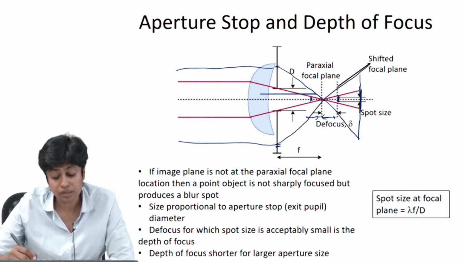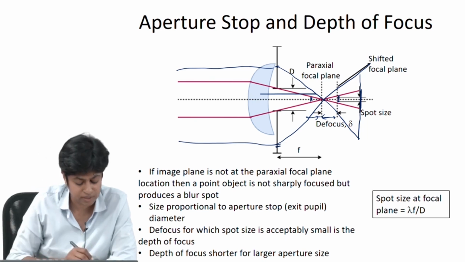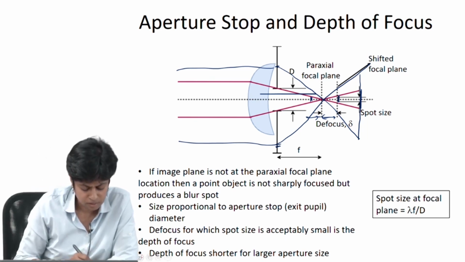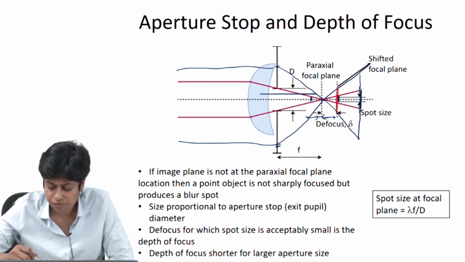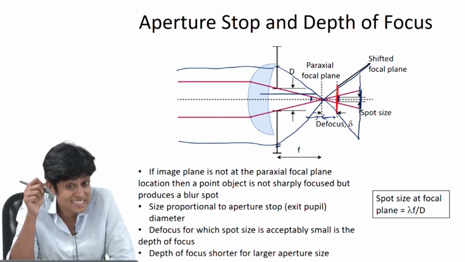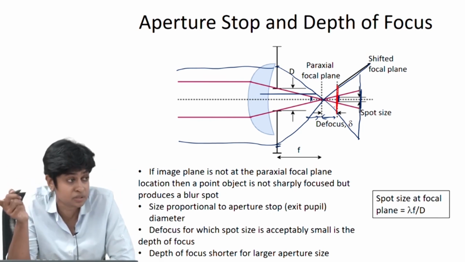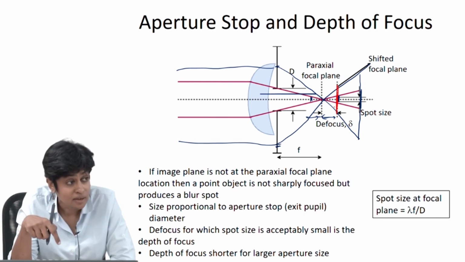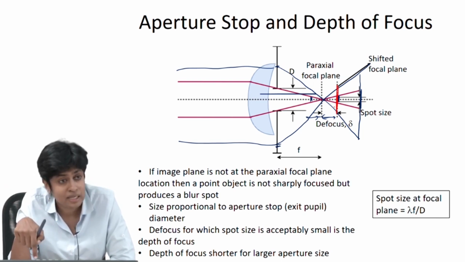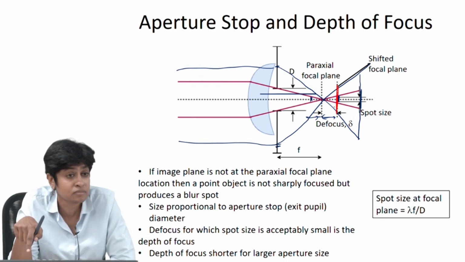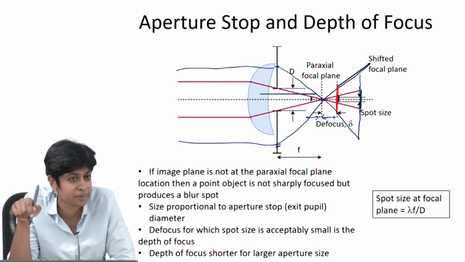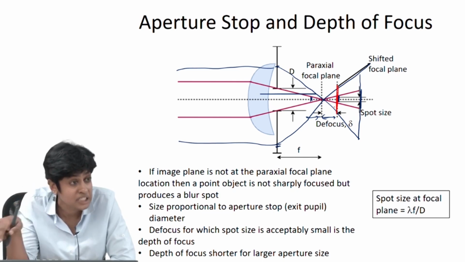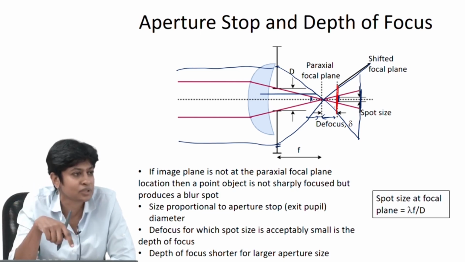But you can see what was just a blur of this size over here has now become a blur of this size for the same lens, but for a different aperture stop. Now this delta is no longer an acceptable depth of focus. The image is blurred even having moved the same distance away from the paraxial image plane. What changed that? The size of the aperture stop.